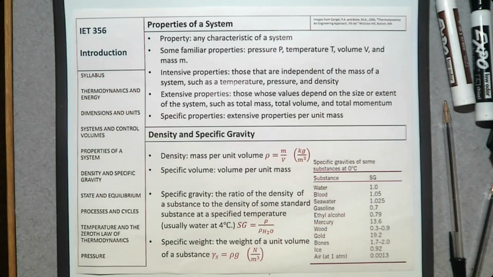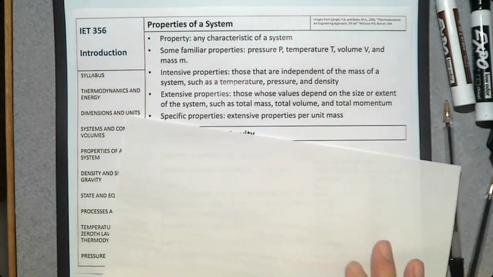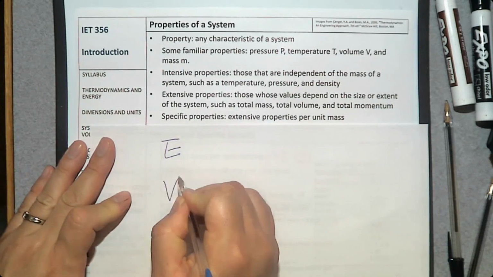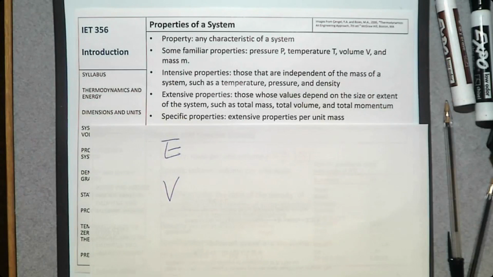Then how do we know, in mathematics, whether something is an extensive property, an intensive property, or a specific property? If you have, like, total energy or total volume, let's say total energy is E or total volume is V, they are extensive properties.